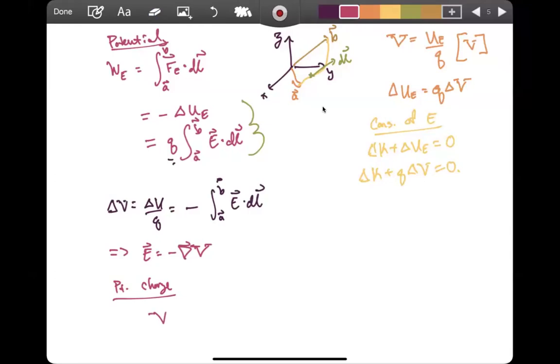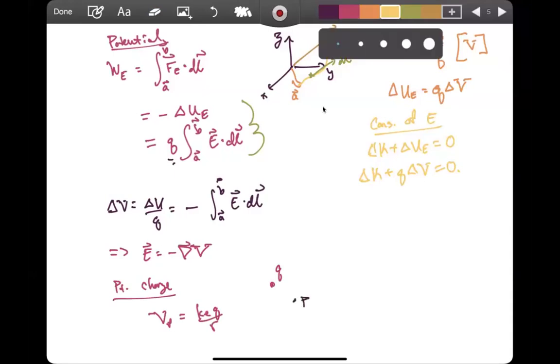The potential at a point P for a point charge is going to be k_e Q divided by R. Meaning if this is my charge Q, and this is my point P, and this is my distance R between the two, then that's my potential at that point. Notice again, there are no absolute values on that. So in this case, we have to keep the sign of the charge.